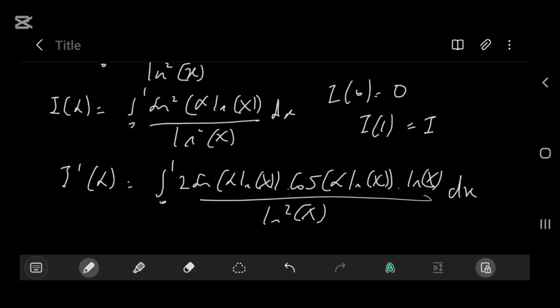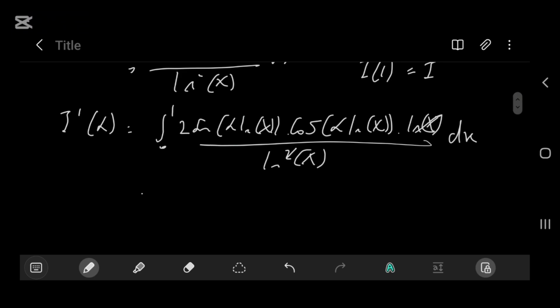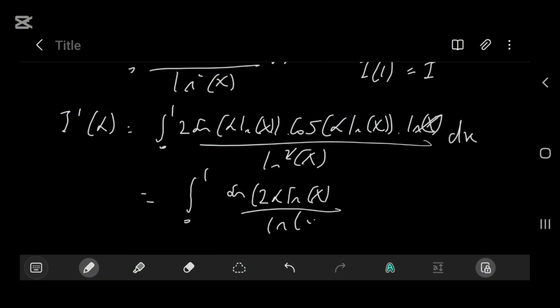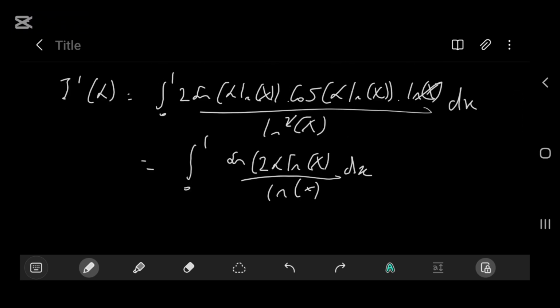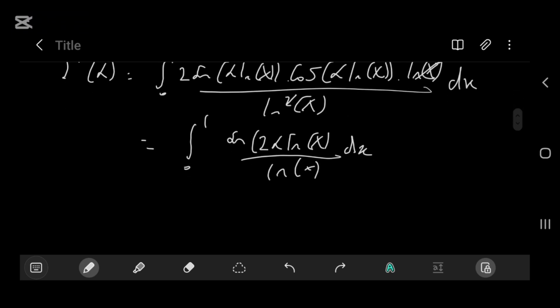So we can clearly see that one ln x will cancel, and what we have here is the integral from 0 to 1 of sin of 2 alpha ln x over ln x dx. Well, I think we can actually differentiate both sides once again.